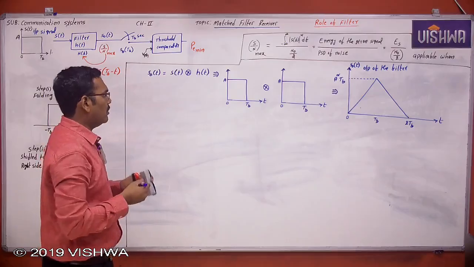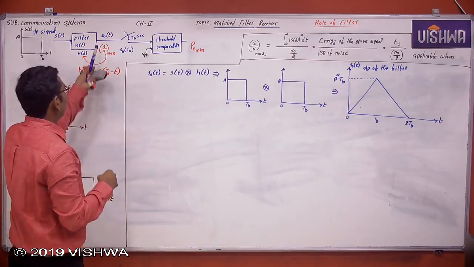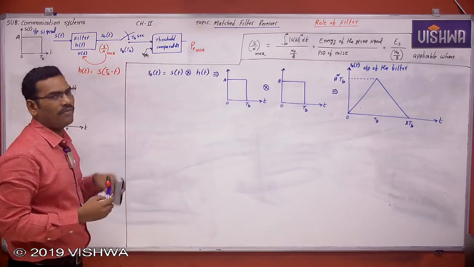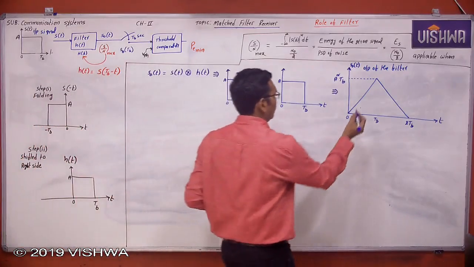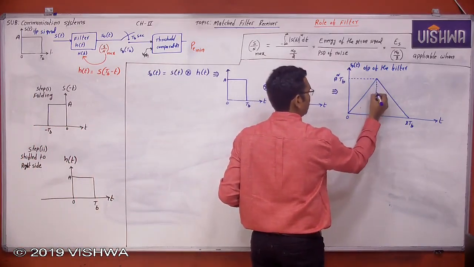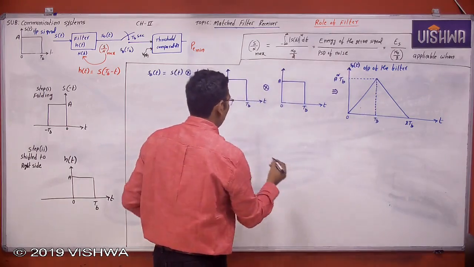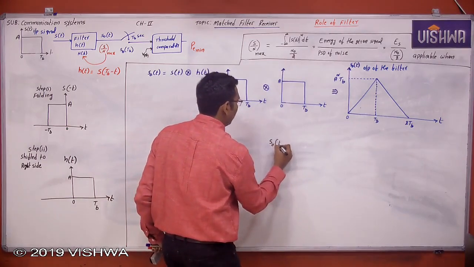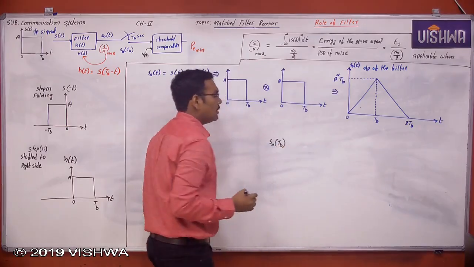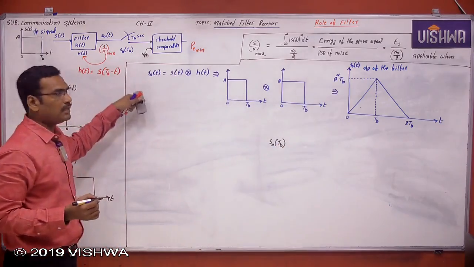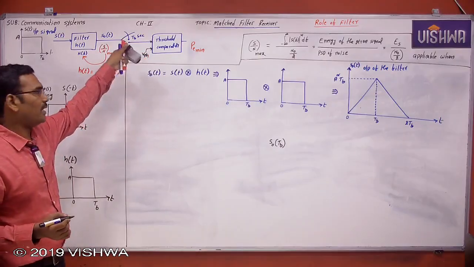Now the output of the filter is sampled for every Tb seconds. What is S naught of Tb? S naught of Tb, the sample value at the output of the filter, goes for a decision to a threshold comparator.